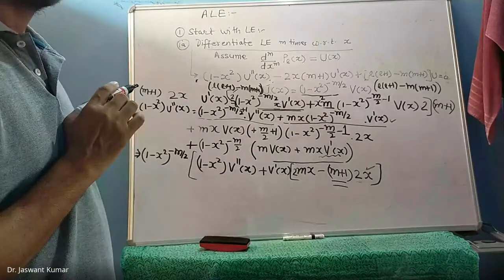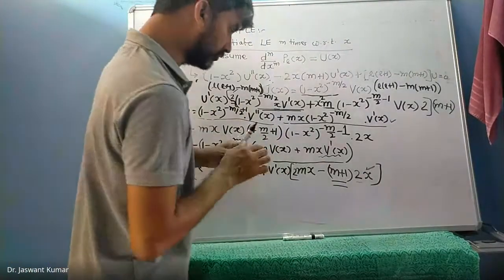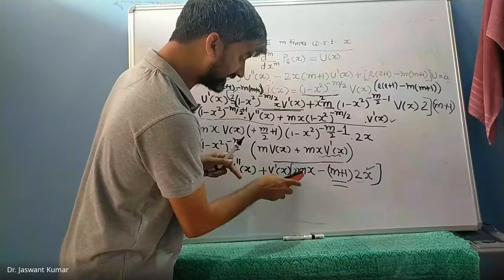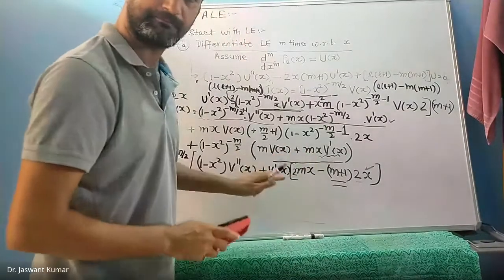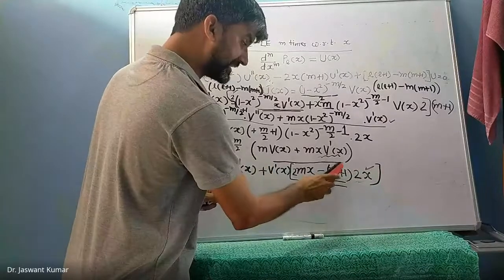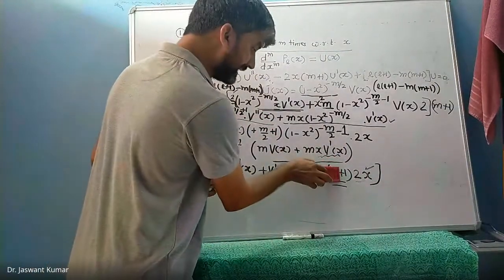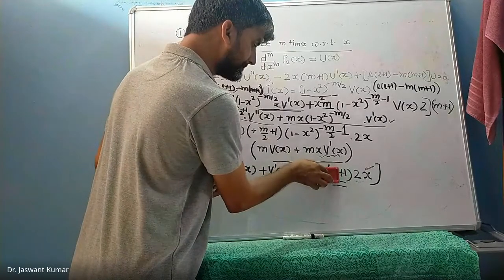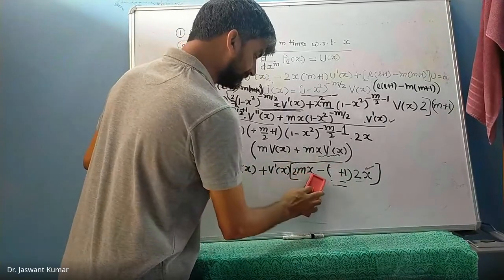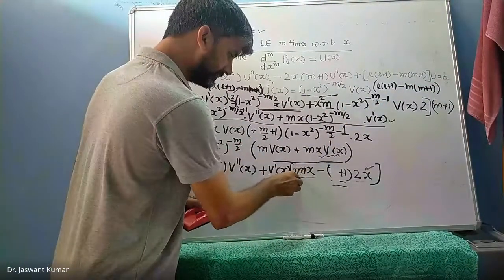And if you are slightly smart, not too much, then what you can do is that there is a 2m times x with a plus sign, and there is a minus 2x times m. When these two combine, then this m goes away from here, and this 2mx can be erased. आपको समझ में आया? यहाँ पे एक m था ना बच्चे? Yes, sir.